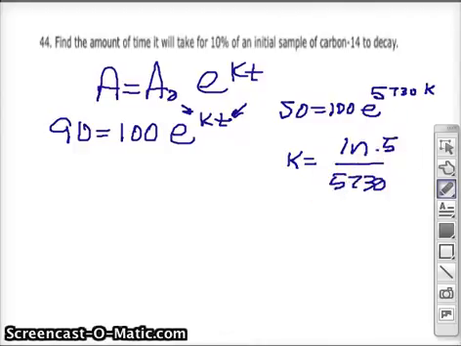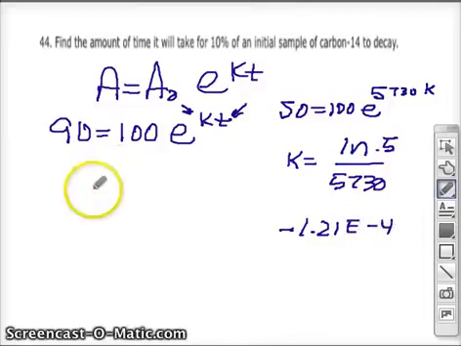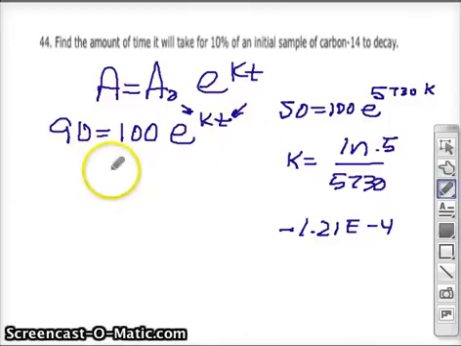All right, clear your calculator. Ln 0.5 divided by 5730. Okay, now that is negative 1.21 e to the negative, what? 1, 2, 3, 4. So again, we're trying to find the time for 90%.